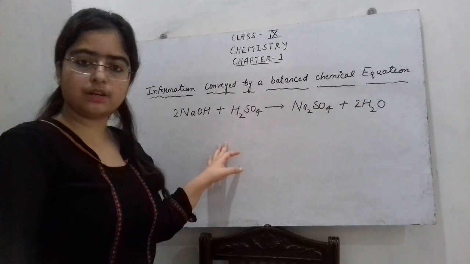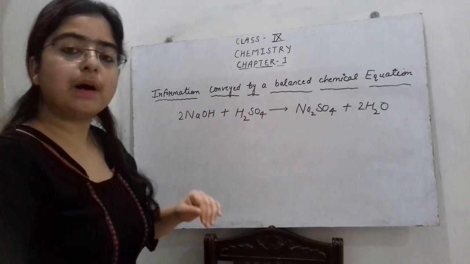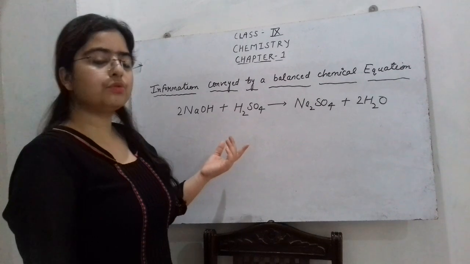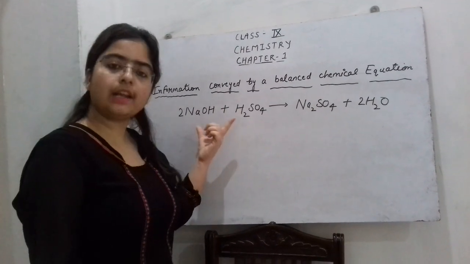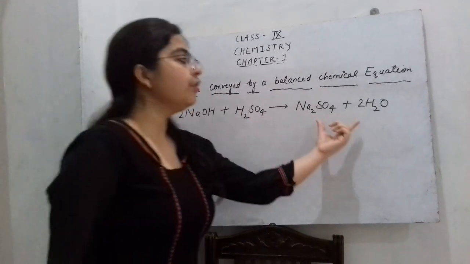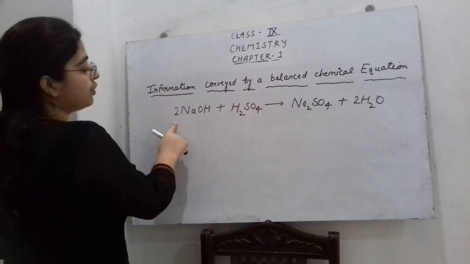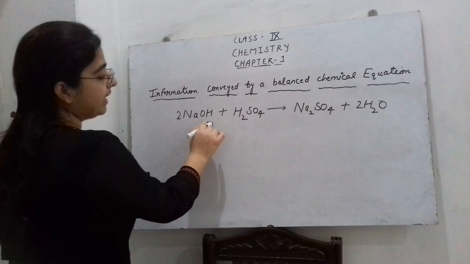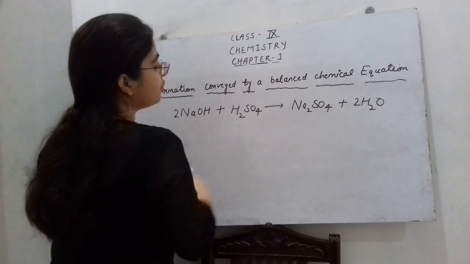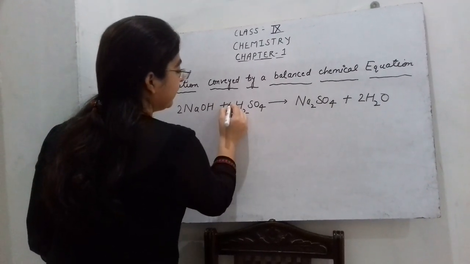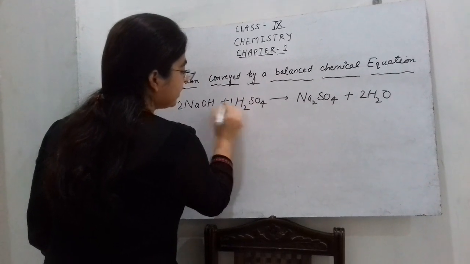Then one more thing is visible here, about the number of molecules. A balanced chemical equation also tells us about the number of molecules of the substances which are involved and formed in the reaction. You can see that 2 molecules of sodium hydroxide react with 1 molecule of sulfuric acid. When nothing is given here, it means that 1 is there.